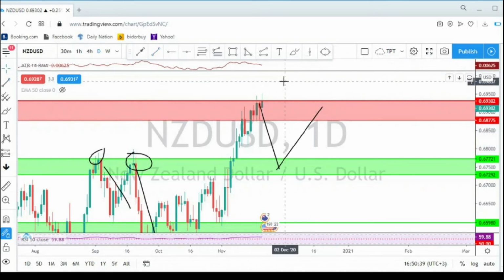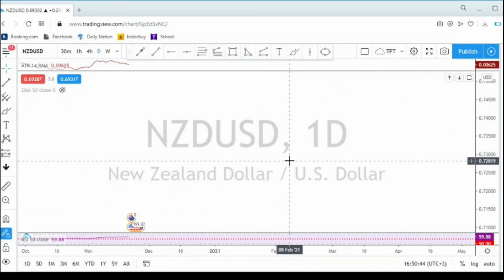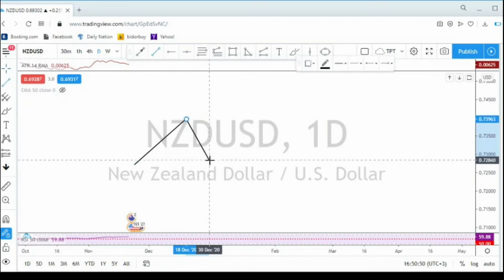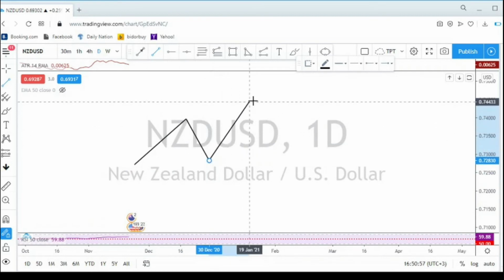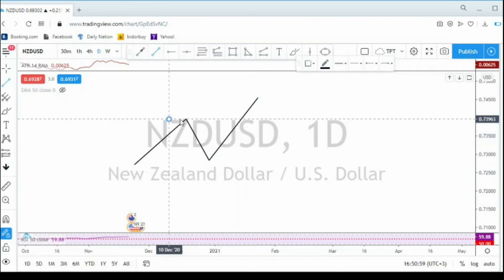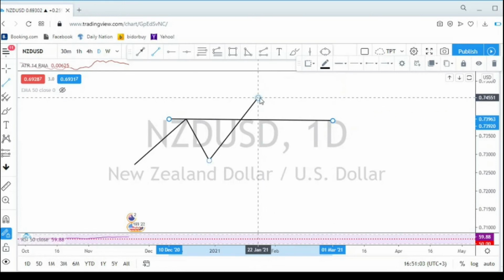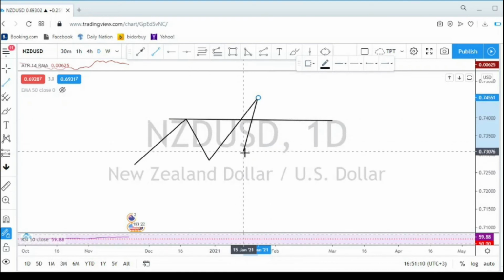So let me make a quick recap here. A quick recap on this price action, which I'm using now to do my top-down analysis, is if you see a market making an impulsive leg, then a pullback, and makes another impulsive leg that closes above this level of resistance, now what you have to do is to wait for a pullback either to this level of resistance or to this level of support.